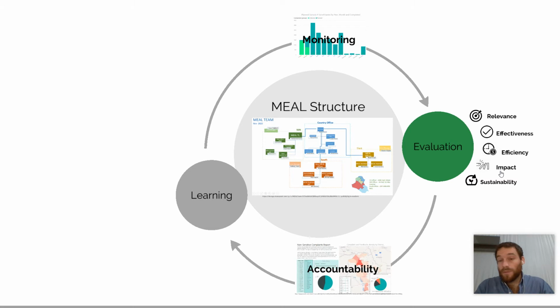Impact is also quite hard to measure in this context, particularly for humanitarian, because it's hard to have a counterfactual. It's hard to assign or attribute the impact that we measure. For example, the difference between baseline and endline, an improvement such as a drop in negative coping strategies or an increase in income.